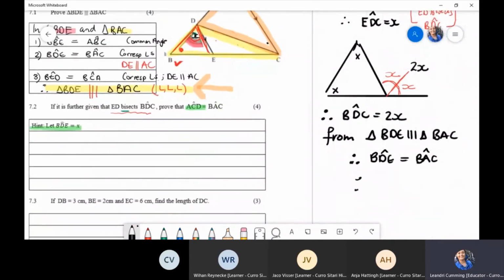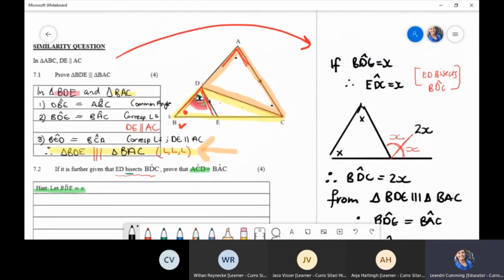And therefore, if angle BDE is equal to x, then angle BAC is also equal to x. So if that one is also equal to x, then using my exterior angle of the triangle, my next reason would help me find the measure of angle C.